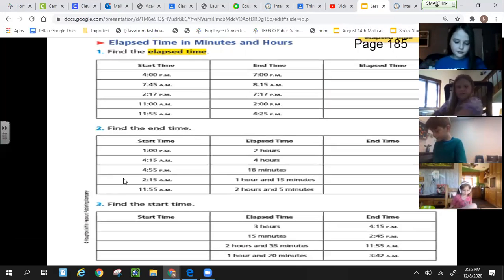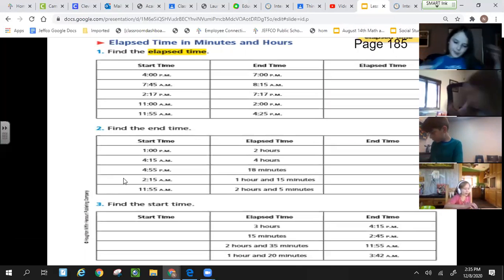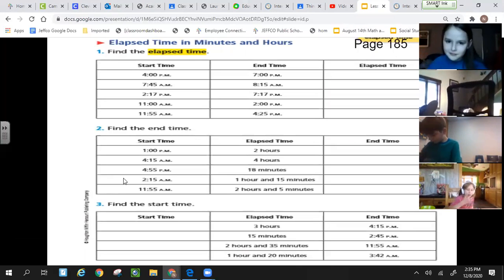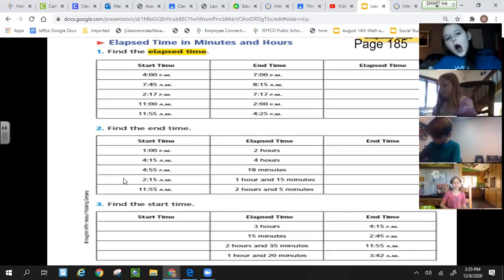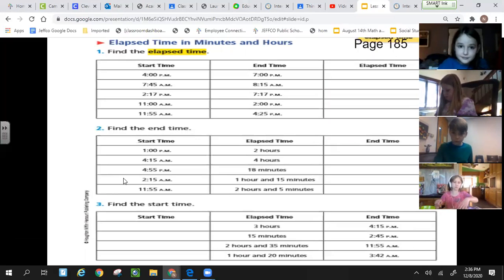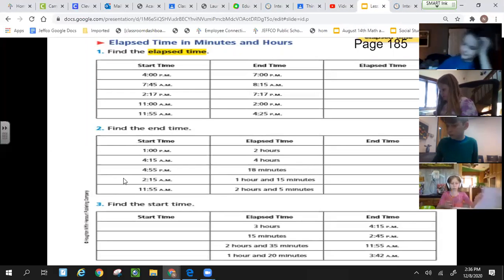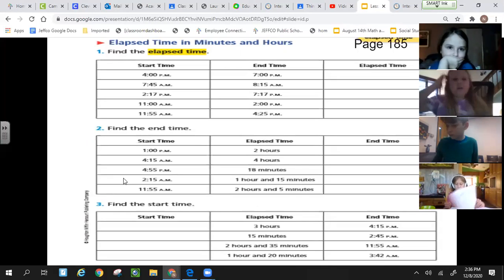Some of them we can just do with our fingers because it's just like adding and subtracting, counting on, counting up, counting back. So if we start with our start time and we are given our end time, we want to find out how much time has passed between the two.